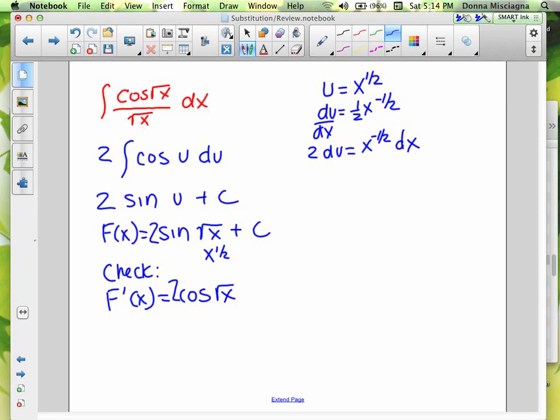So when we take the derivative of that, f prime of x is going to be 2 cosine of the square root of x, times 1/2 x to the negative 1/2 power. The derivative of the c would be 0 because it's just a constant term. The 2 and the 1/2 cancel, and so if we simplify this, f prime of x equals cosine square root of x divided by square root of x, which is exactly what we see above. Right? That's simple.